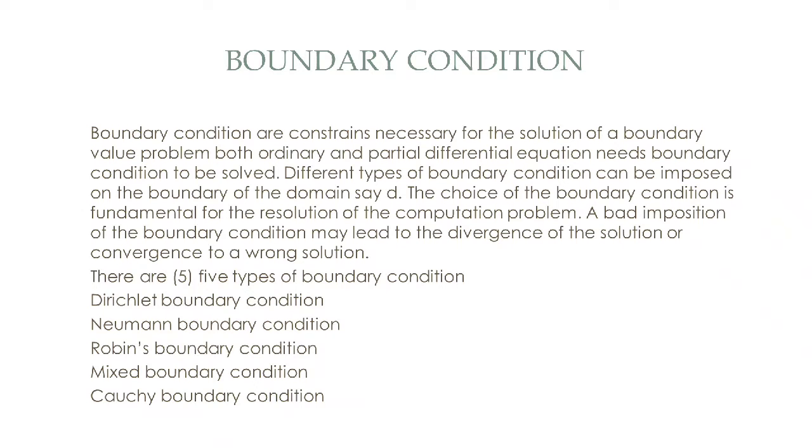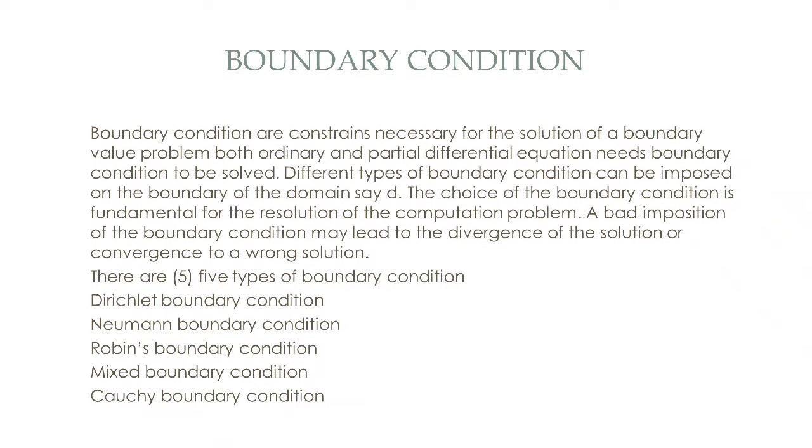Different types of boundary condition can be imposed on the boundary of the domain, say D. The choice of the boundary condition is fundamental for the resolution of the computation problem. A bad imposition of the boundary condition may lead to the divergence of the solution or convergence to a wrong solution.